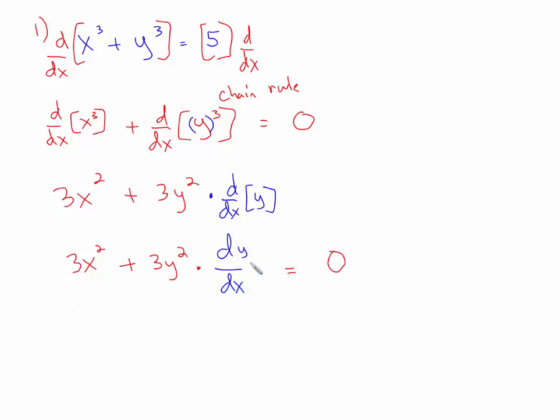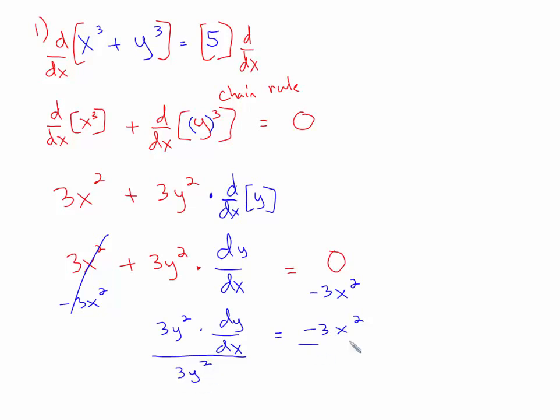We need to solve for dy/dx, so we need to get this by itself somehow. Here's where all the algebra comes into play. We subtract 3x squared on both sides. We get 3y squared times dy/dx is equal to negative 3x squared. Then we divide by 3y squared on both sides.